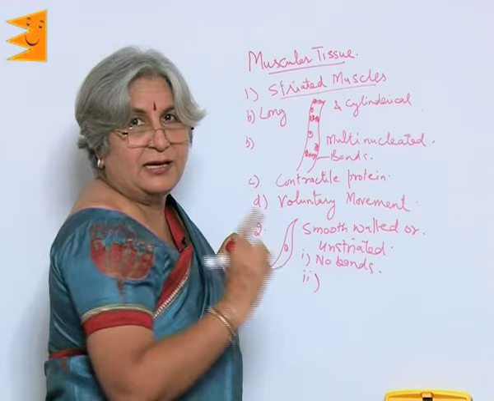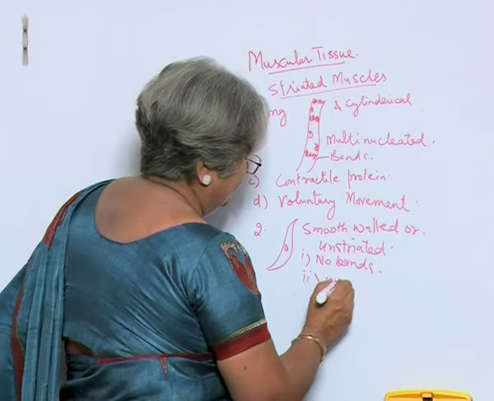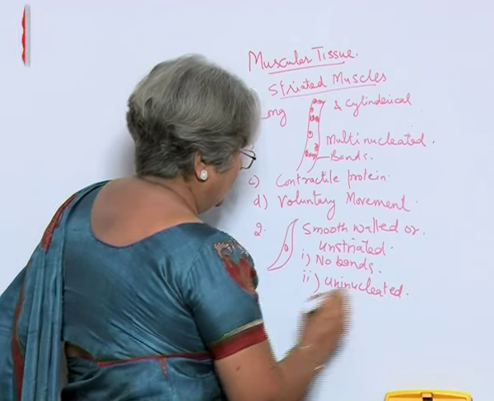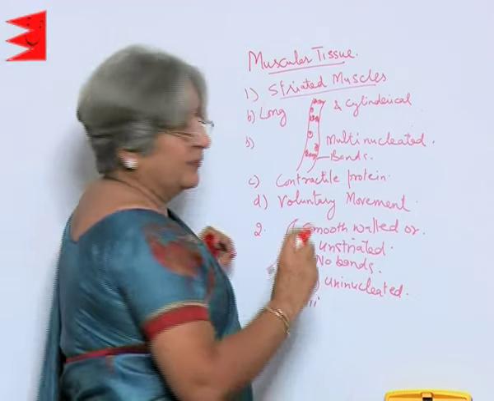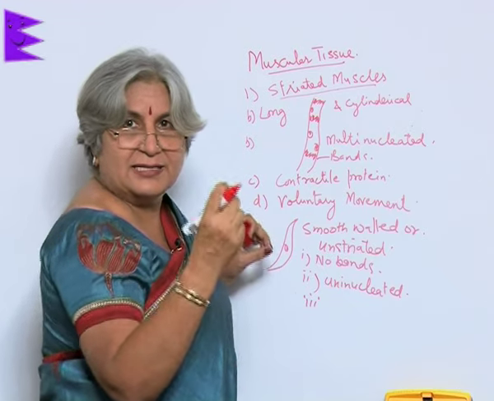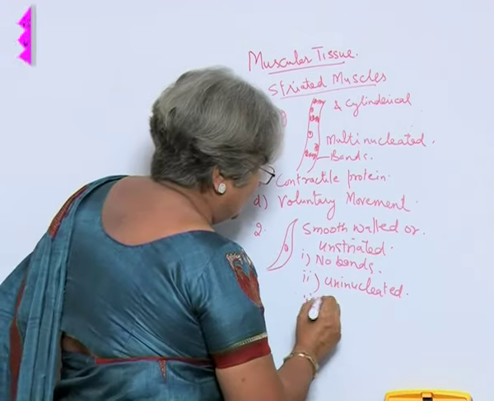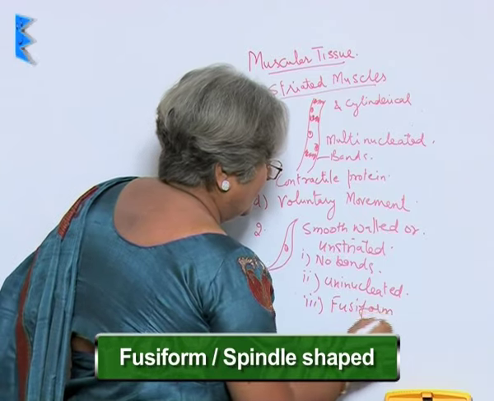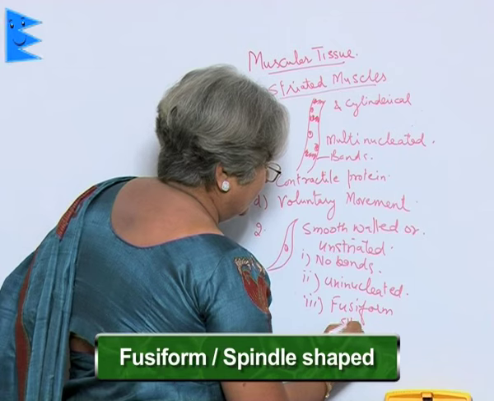How many nuclei? One. Shape, it is slightly long, but not as long as striated, but the ends are tapering. This shape is called fusiform or spindle shaped.